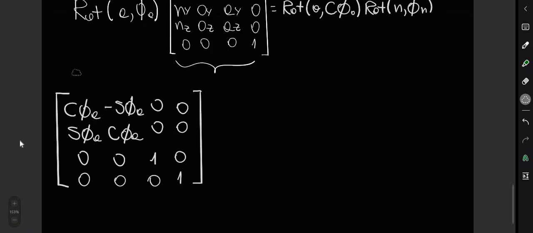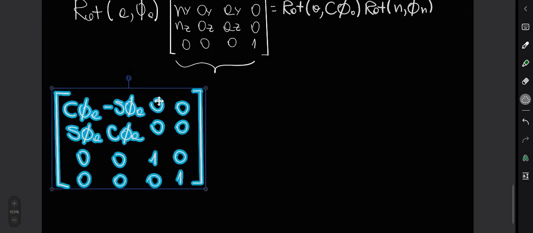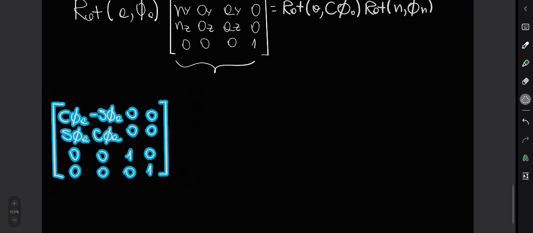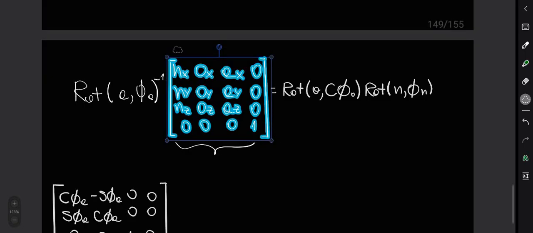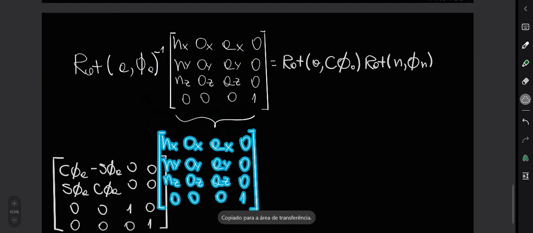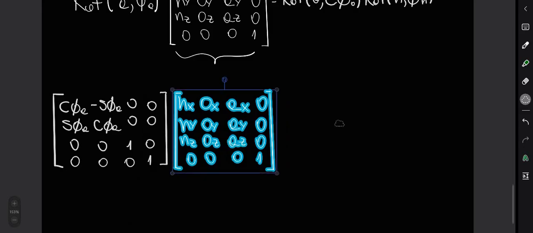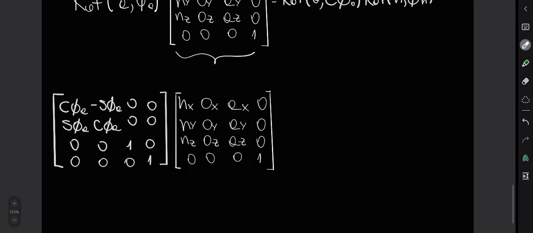Okay, and we will have to multiply by this matrix, and it is equal.